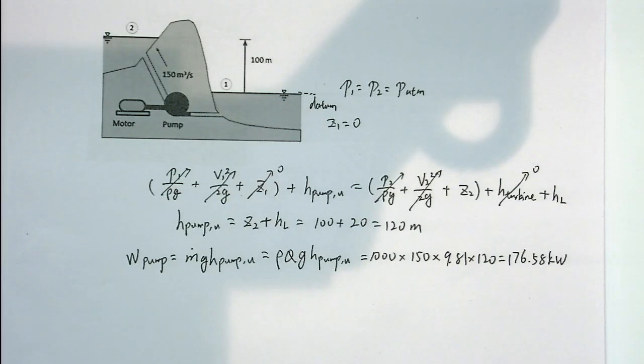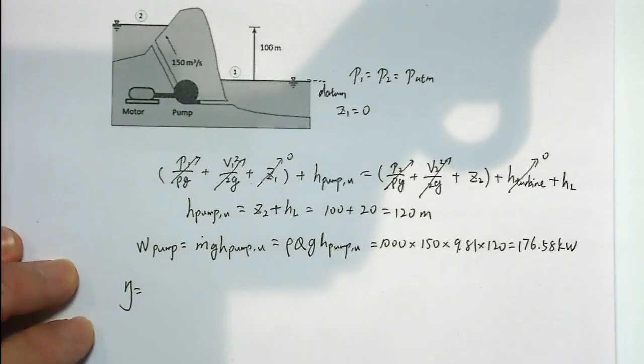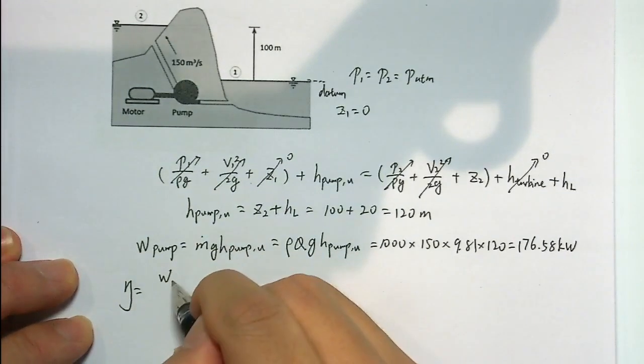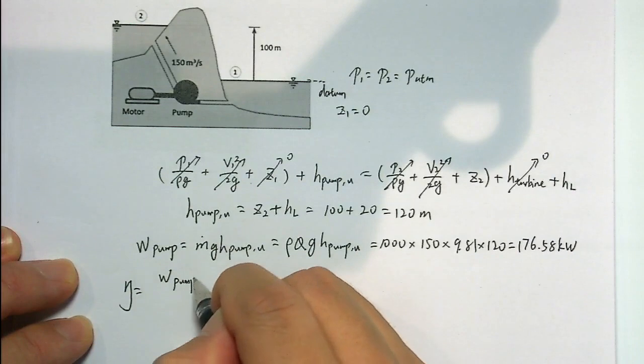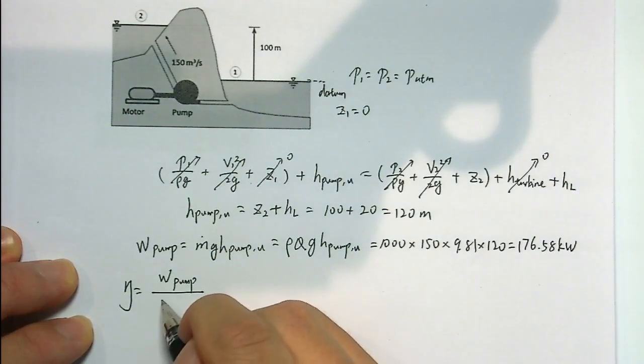But it is not the work input to the pump, because the pump motor has an efficiency. By the definition, efficiency is the work output from the pump over the work input to the pump.